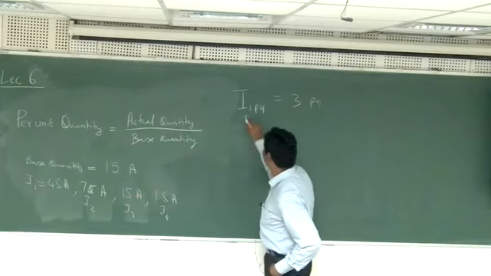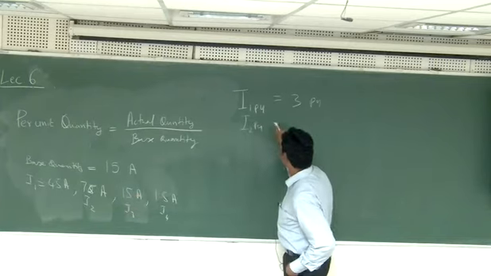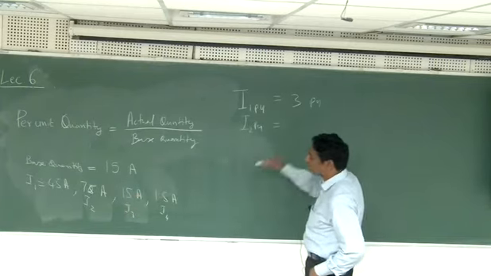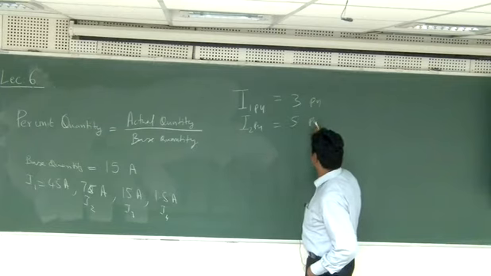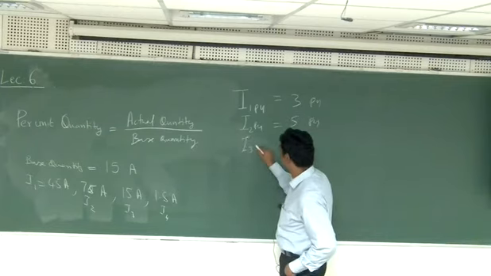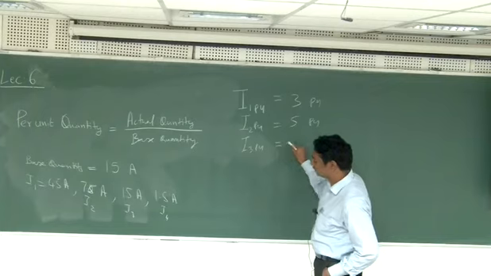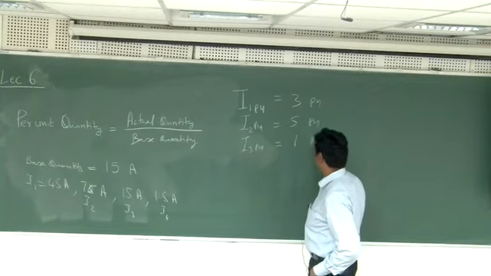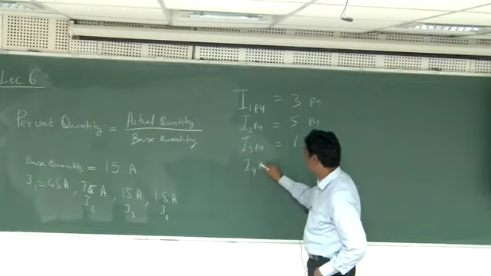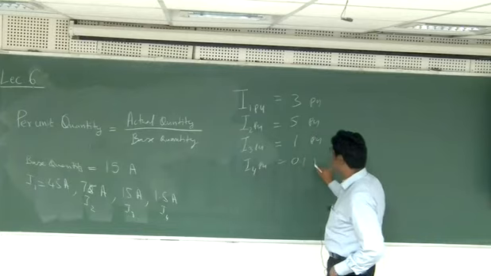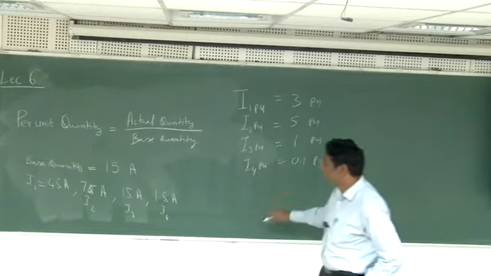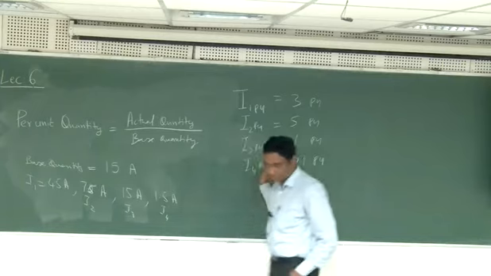Second one, I2 per unit. So 75 by 15, that will be 5 per unit. And then I3 per unit, 15 by 15, 1 per unit. I4 per unit, so 0.1 per unit. So like this I can convert the amperes into per unit quantities.